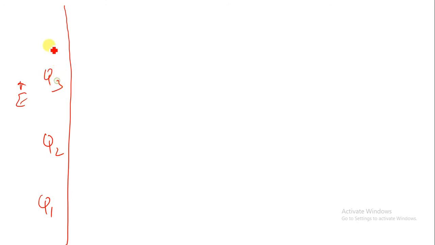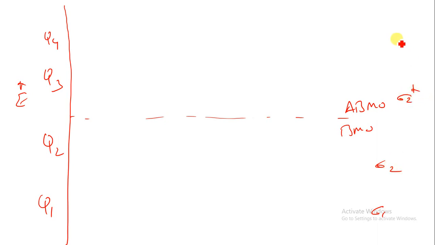For the correlation diagram, you have to write down this line, then the energy diagram, then the wave functions psi 1, psi 2, psi 3 and psi 4. This will be your BMO and this will be your ABMO. The BMO part is sigma 1, sigma 2, that will be sigma 2 star, and this will be your sigma 1 star.